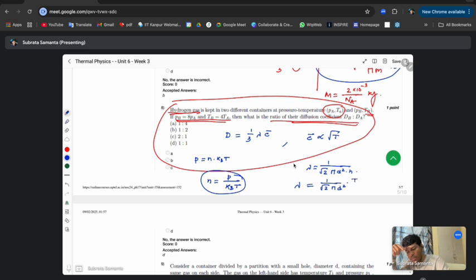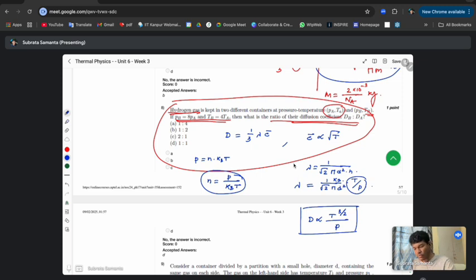So basically lambda is 1 over square root of 2 pi d square, times T over P, and there is a kb. Therefore the diffusion coefficient D is proportional to T to the power half, and this is proportional to T, so T to the power 3 by 2, over P. All other things are constant, fixed, because the diameter d is the same, since we are using hydrogen gas in both the containers.